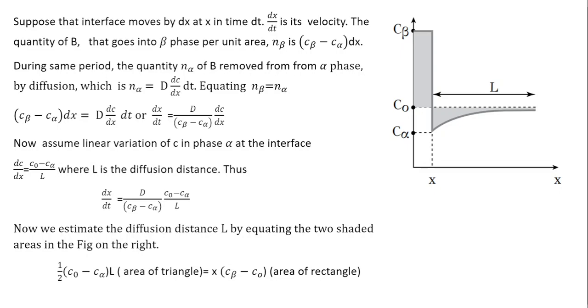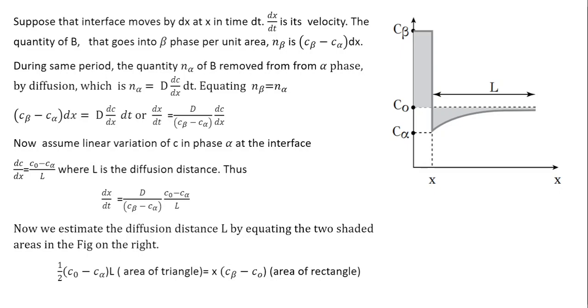So the flux is given by D multiplied by dC/dx, and we are multiplying with the time. Consequently, the quantity of n alpha is the diffusion coefficient D times the concentration gradient of C as a function of x, multiplied by dt.